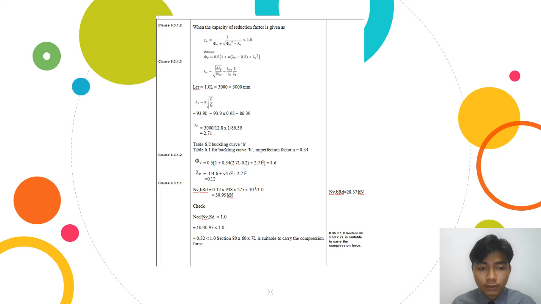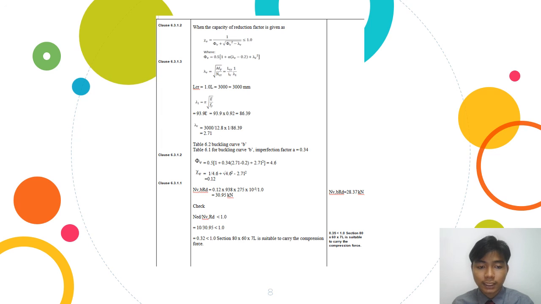So chi equals 1 over 4.6 plus square root of 4.6 to the power of 2 minus 2.71 to the power of 2, we got the answer 0.12. And NbvRd is 0.12 times 938 times 275 times 10 to the power of negative 3 over 1, which is 30.75 kilonewton.